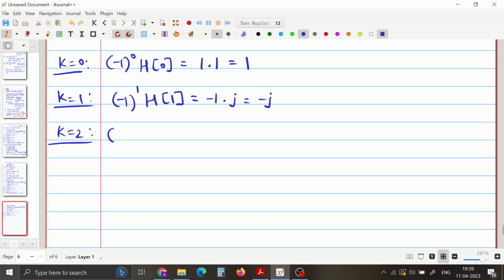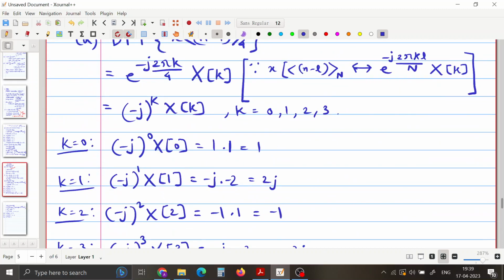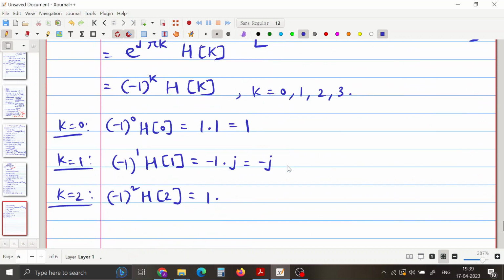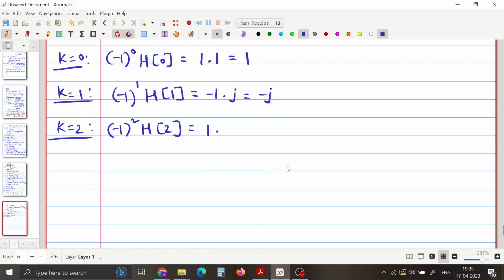For k equals 2, we'll have minus 1 raised to the power 2 is 1 times cap H of 2, the third coefficient, which is 1. And finally for k equals 3 you get minus 1 times cap H of 3.